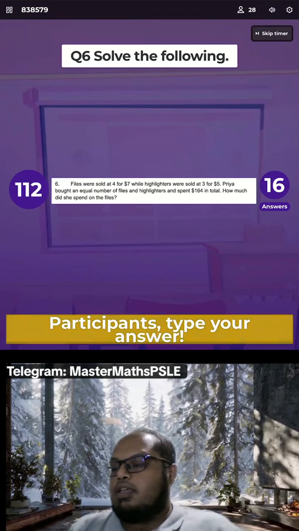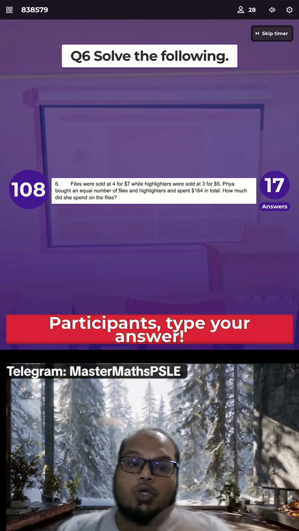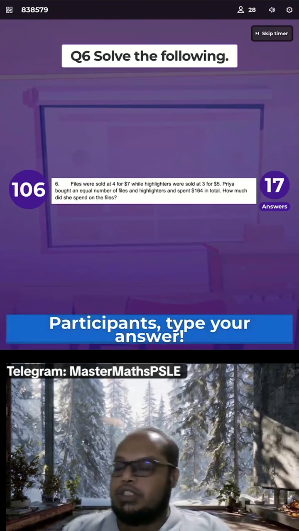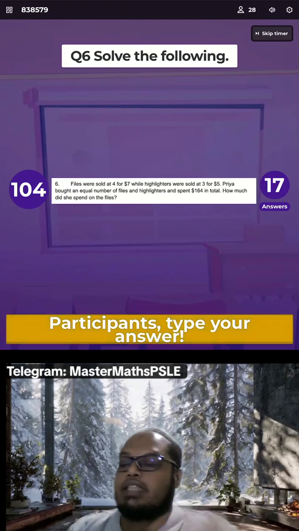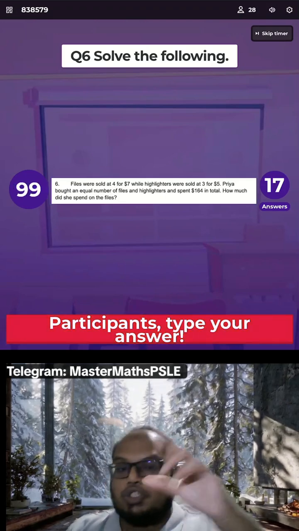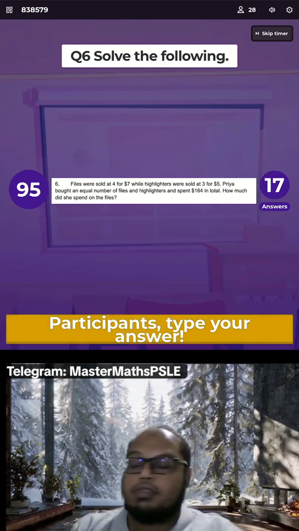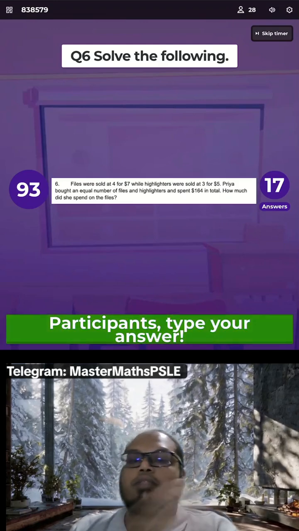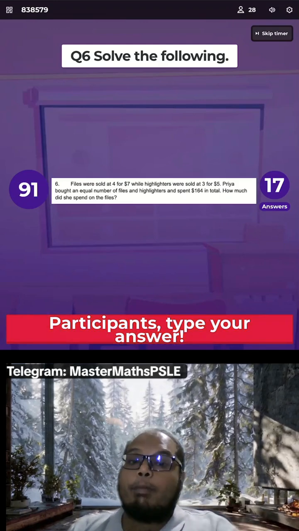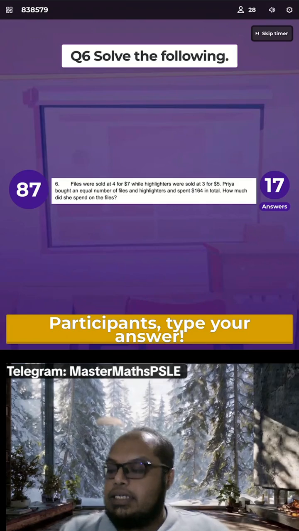Same thing with the highlighters, 3 for $5. Don't put fraction 5/3 for the price of one highlighter. It doesn't work that way also. It's sold at 3, 3, 3, 3, 3. So what I'm doing there is multiples, right? When you want to make these multiples the same, remember your common multiple. That will come in handy here.